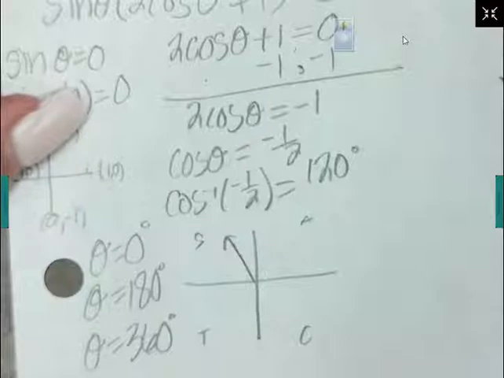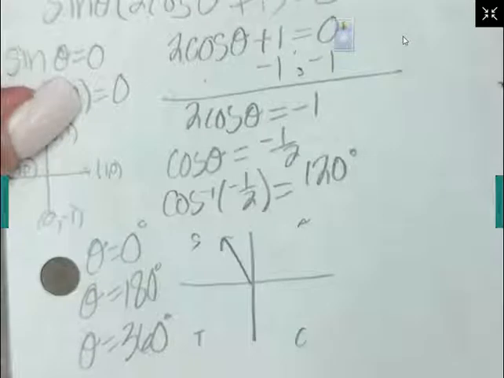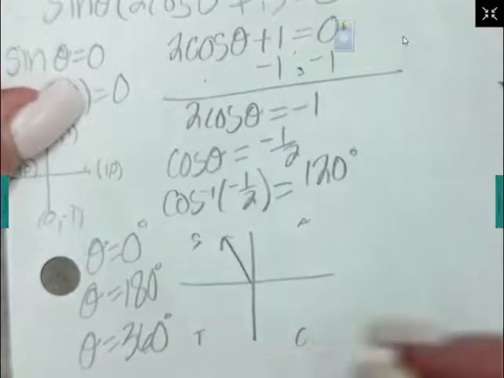Now, is our cosine positive or negative? Do we want it to be positive or negative? It is one of the two.